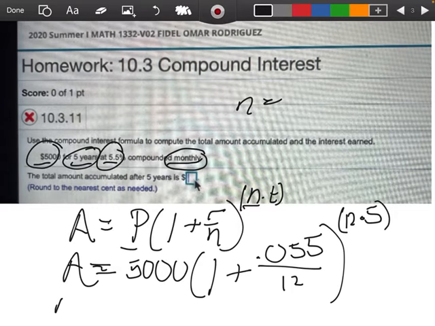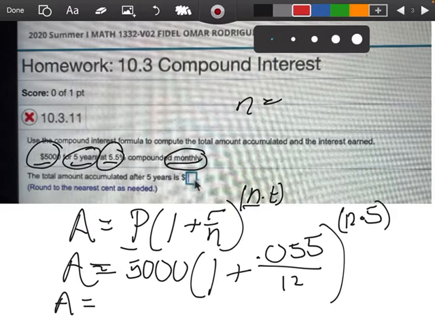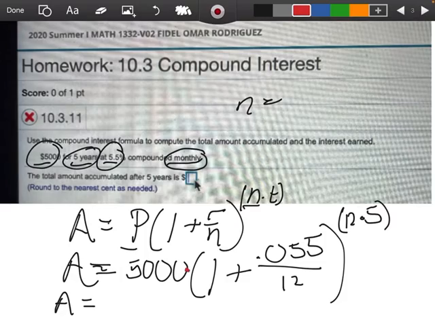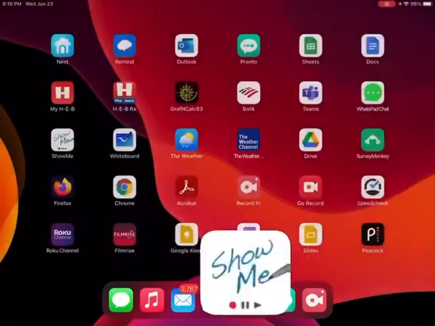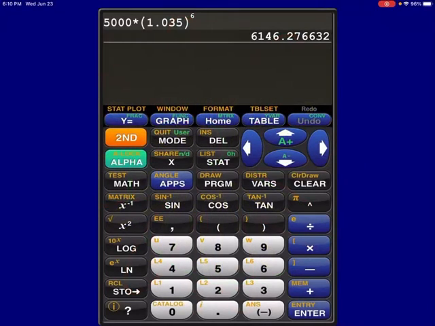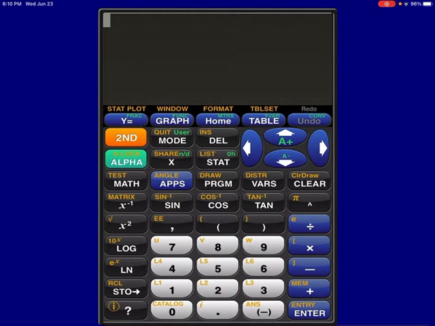So guys, I'm going to enter this part in my calculator exactly as I see it. The only thing I'm going to probably do here is put a little dot right there letting me know that this is being multiplied, right? So let me grab my calculator real quick. Here we go. Clear this out. So I'm going to put 5,000 times 1 plus 0.055.